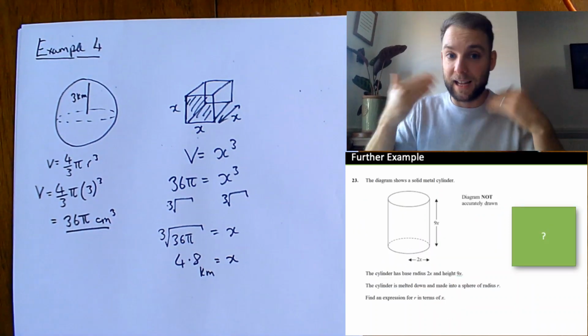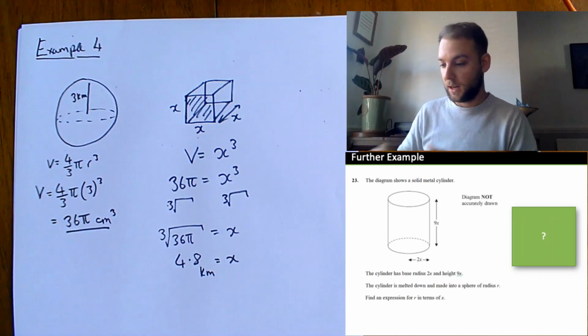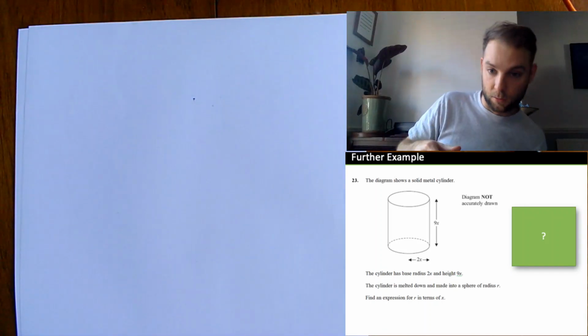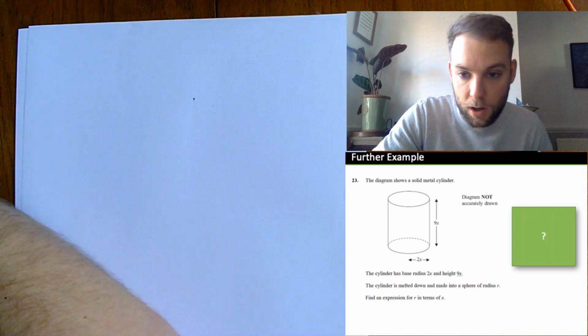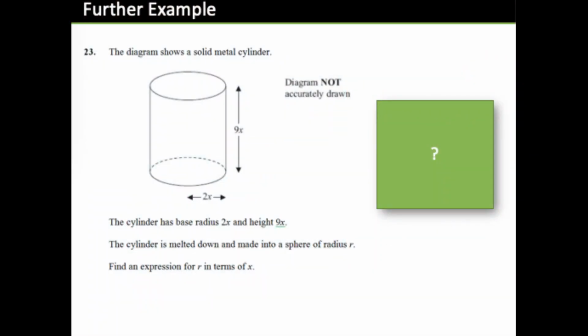Now this here is where it really steps up. These questions are tricky, but they always come up, and that's why we've got to focus on them. This one here you must get down in your notes. So I'm going to make this big. The diagram shows a solid metal cylinder, and it has a base radius of 2x and a height of 9x.